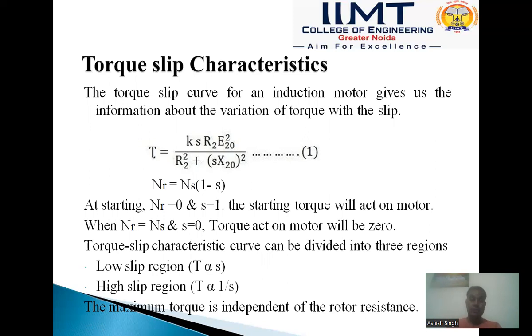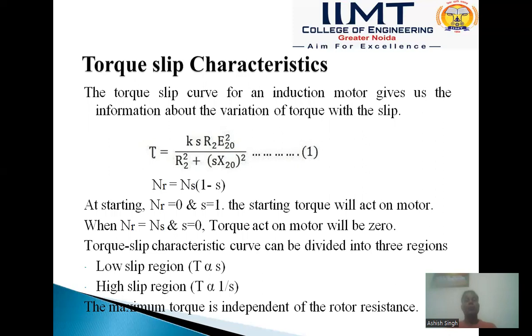Now let us come to our next topic, torque slip characteristics. How does the torque of a three-phase induction motor change when slip changes? The torque slip curve for an induction motor gives us information about the variation of torque with respect to slip.